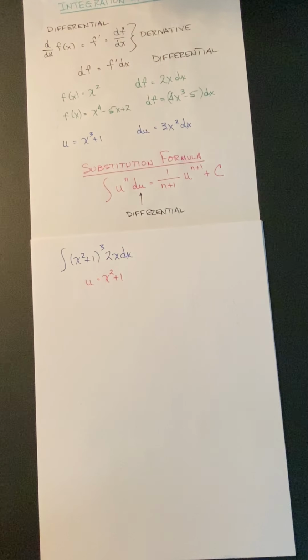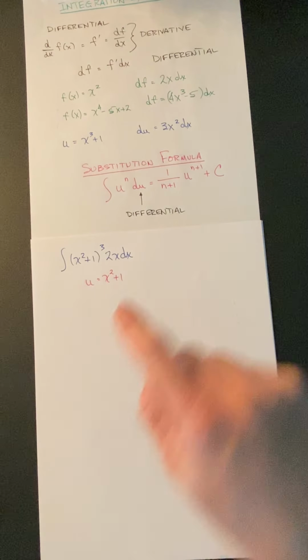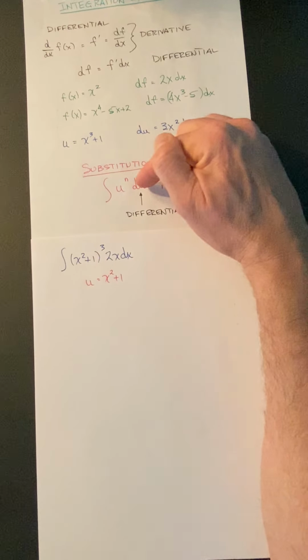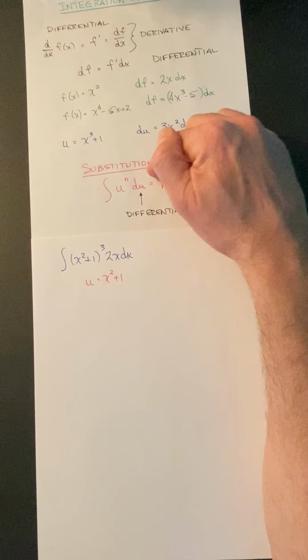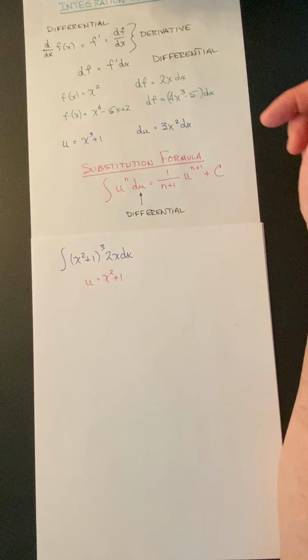So here's my equation that I want to work with. I want to integrate x squared plus 1 to the third power times 2x dx, okay? So until now, we wouldn't be able to take the integral of this. But if I look at this from the perspective of how can I make it look something like this?